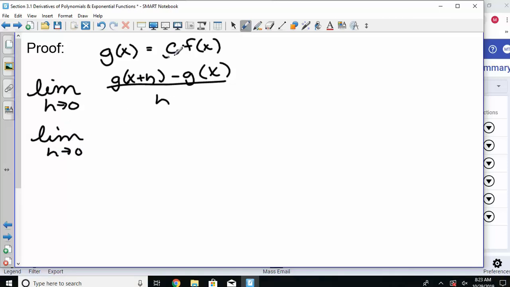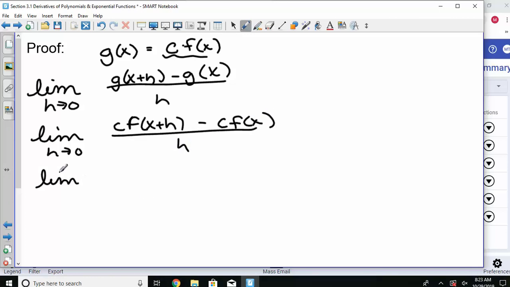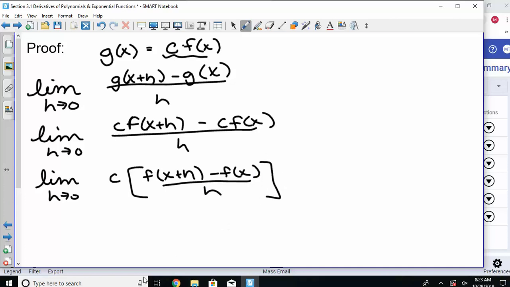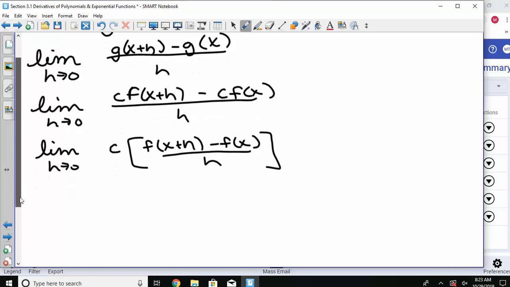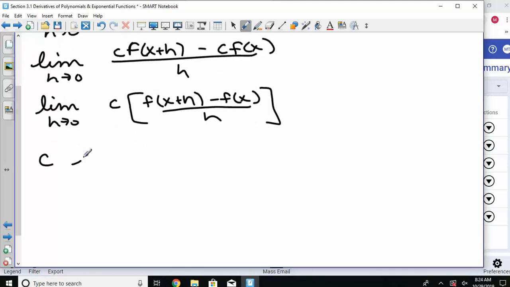So g of x plus h, since g is equal to this, that's just a constant times our f of x plus h minus our constant times f of x all over h. Since both of those terms have the constant, you could factor it out in front. We know that with limits, when we first did limits, you could always pull those constants out in front of the limit as well.